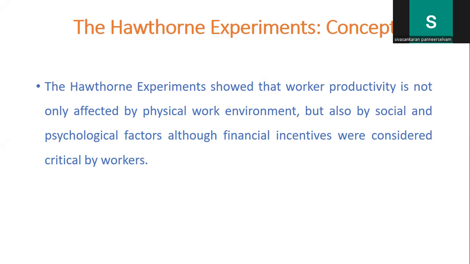If the worker is unhappy, dissatisfied, and the management is not paying better incentives, you may not be able to cope with the work for a long time. This will indirectly affect the physical working environment and also the socio-economic cultural aspects of the organization. And psychologically, the employee may get affected due to overall dissatisfaction about the job and the treatment given by the organization to the particular workers.